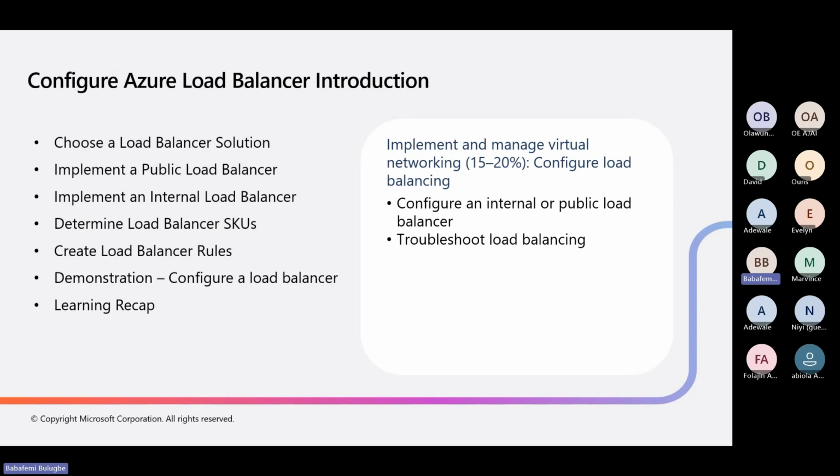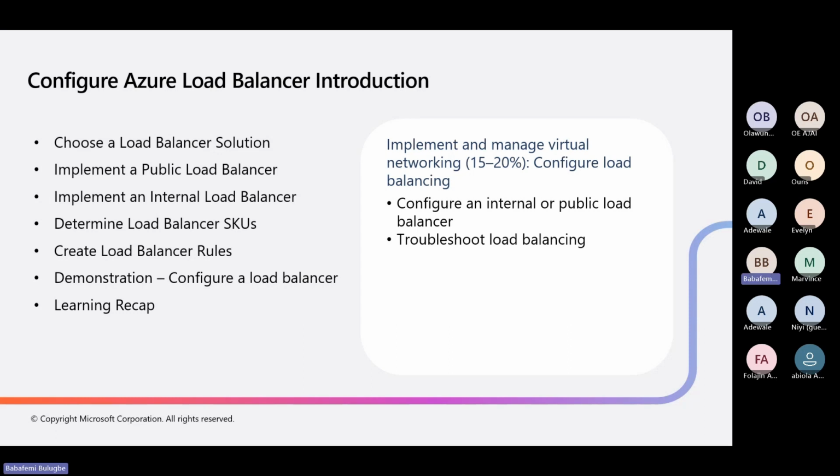If it's just something that's private to the organization, we'll talk about the internal or the private load balancer, and we'll talk about the SKUs, which are the different plans, the different load balancers that you can implement. We'll talk about maybe the basic, the standard, the premium, and the like.